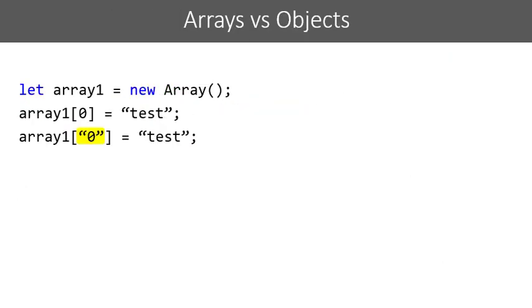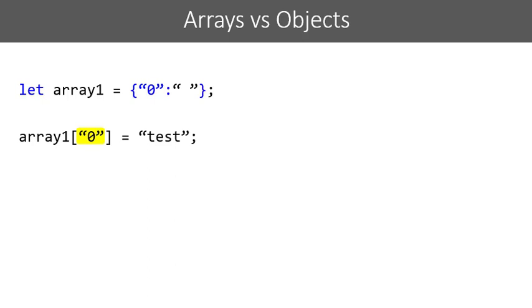It is important to mention that arrays are just specialized objects. We use square brackets to access the element of an array, and the same square brackets are used to access properties of an object. So internally, the array index is converted to a string and stored as a property of the object. So we can access an array element like accessing a property of an object.